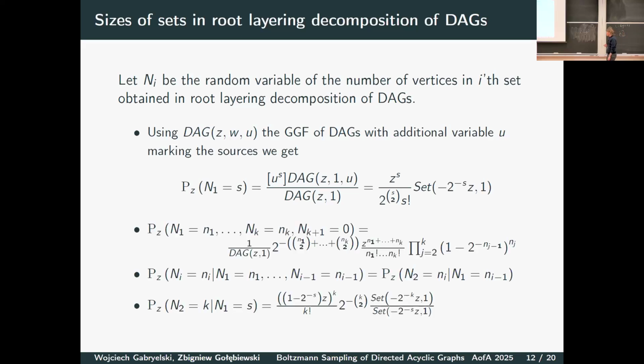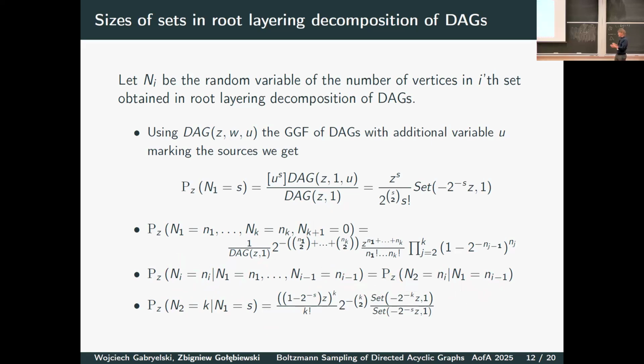And even more, we were able to provide formulas for the probability that the first up to k sets have some sizes n1 up to nk, and the (k+1)th set is empty. This allows us to show the crucial thing: if you want to know the probability of the size of the ith set in the decomposition, it in fact depends only on the size of the previous set.